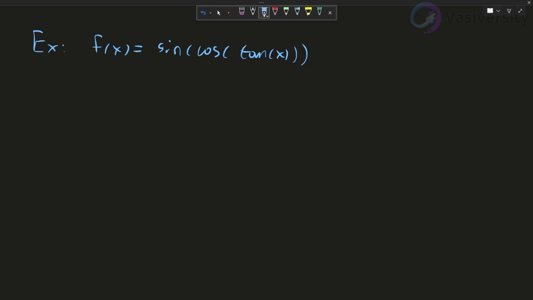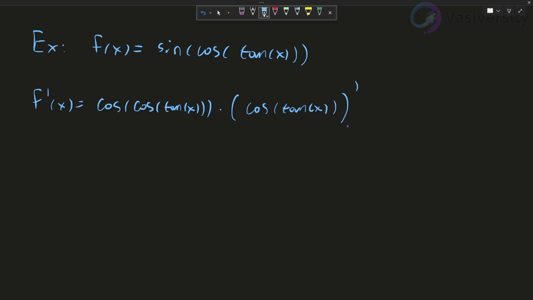Essentially our outside function is sine, so f prime of x is going to be cosine of, well, not of x, cosine of cosine of tangent of x, times the derivative of cosine of tangent of x.